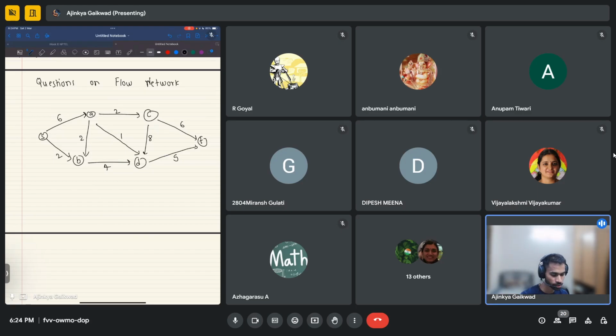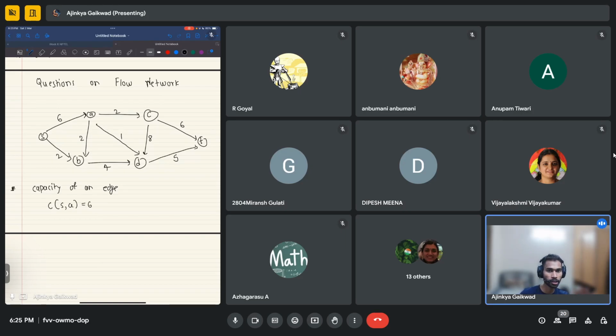Next, I will put what is called a capacity on each edge. Let me write down these terms. In the above example, the capacity of edge SA is 6.